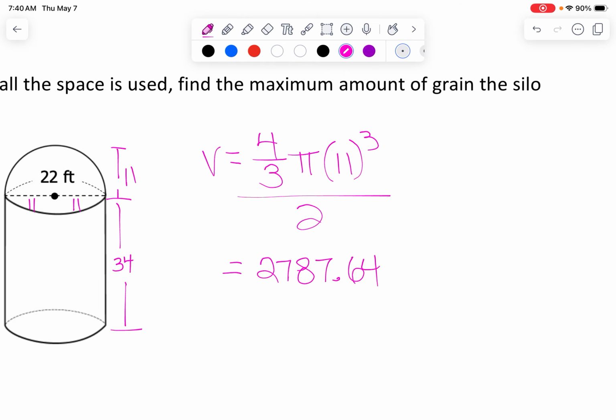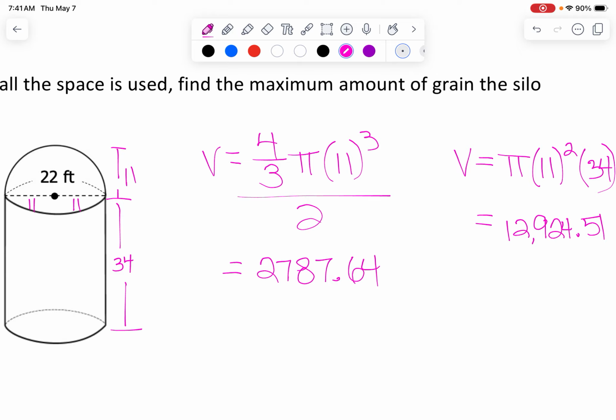So the cylinder is the area of the base, which is pi r squared, times the height. And in this case, that cylinder is 34 feet tall. So if we do that, we get like 12,924.51. I'm going to add these two together then.